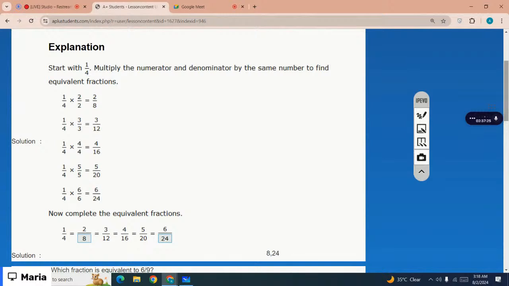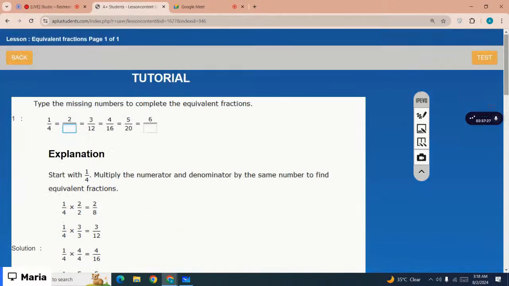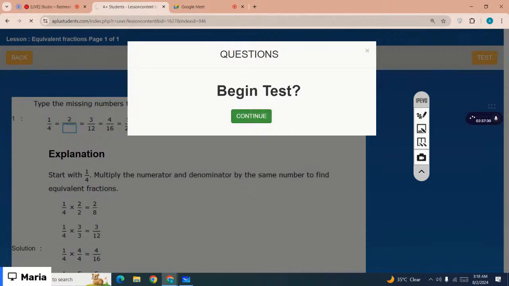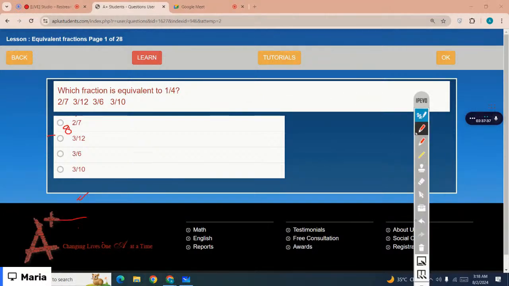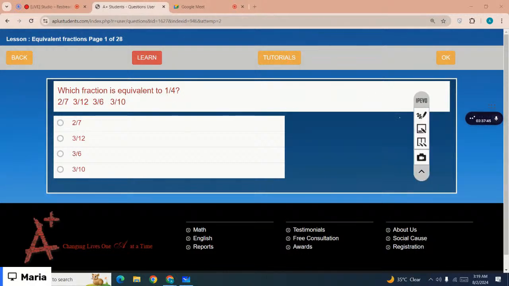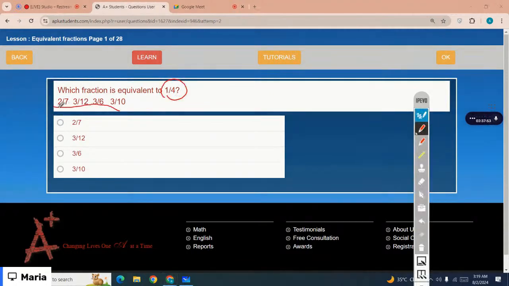Okay, let's just start with the test questions. Which fraction is equivalent to 1 over 4? You have to find the equivalent fraction of 1 by 4. You are given 4 fractions. 2 over 7: 4 times no number is 7, so this is not the equivalent fraction. Then you have 3 over 12. 3 times 1 is 3 and 3 times 4 is 12.